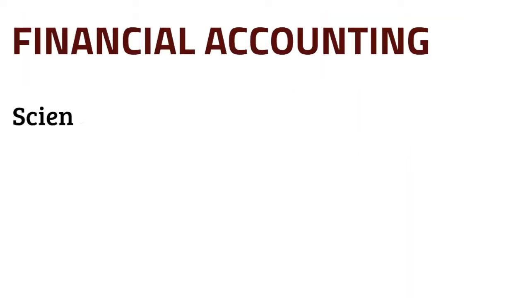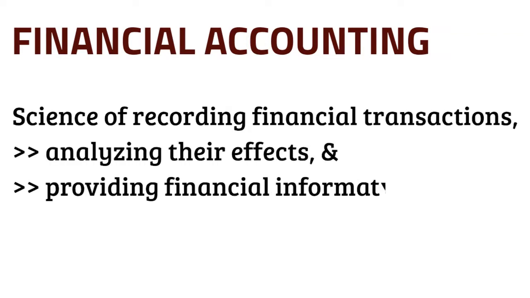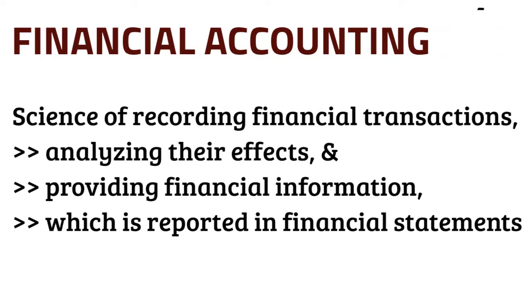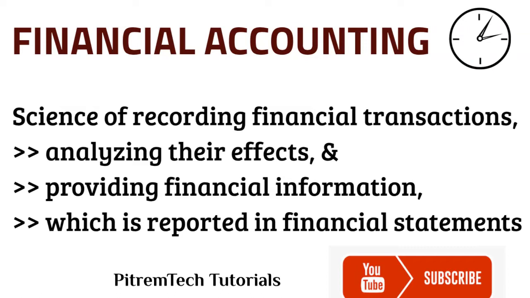Now, let us describe one category of accounting which is called financial accounting. What is financial accounting? Financial accounting is the science of recording financial transactions and analyzing the effects of these financial transactions or business transactions and providing financial information which is reported in the form of financial statements.